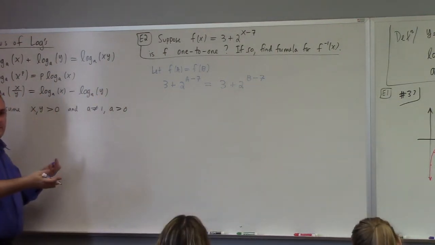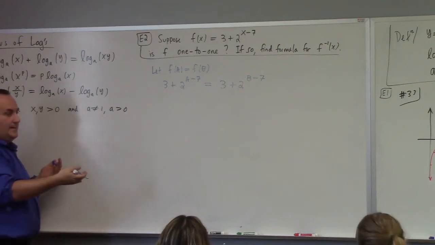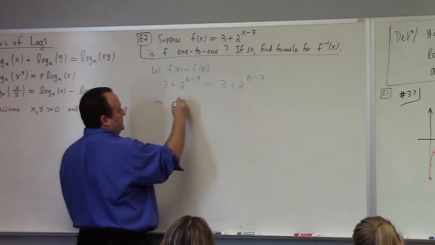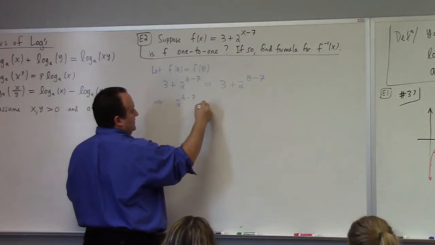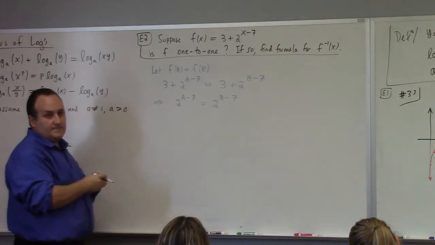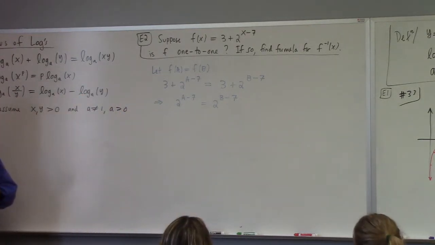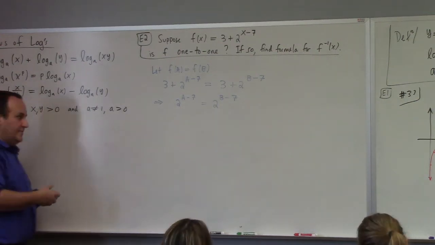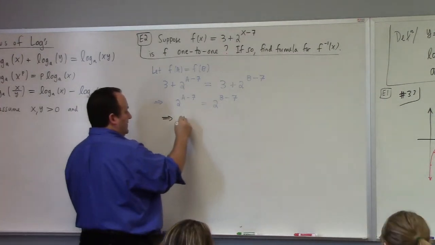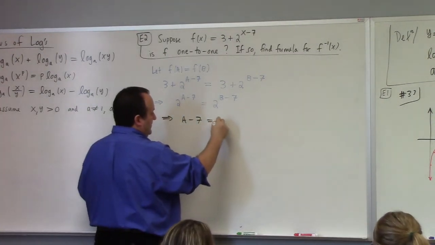Now we can subtract 3 from both sides, right? So this implies that 2 to the a minus 7 equals 2 to the b minus 7. But then what could we use? We could use the 1-to-1 property for the exponential base 2. By the 1-to-1 property for y equals 2 to the x, this implies a minus 7 equals b minus 7.